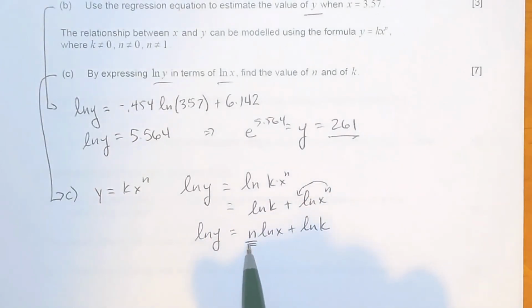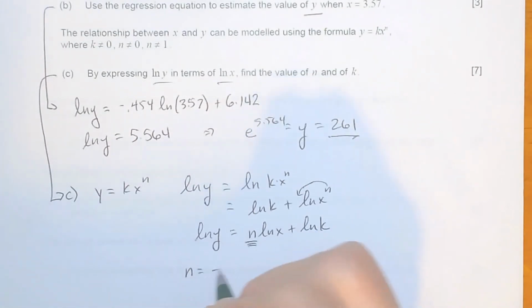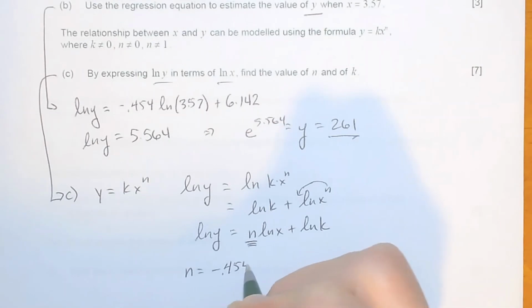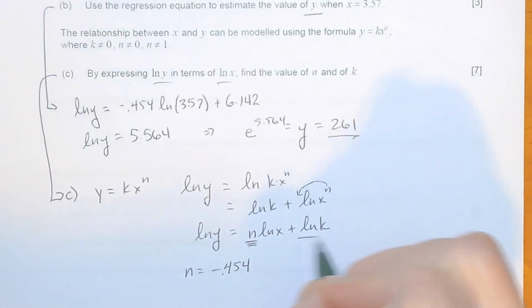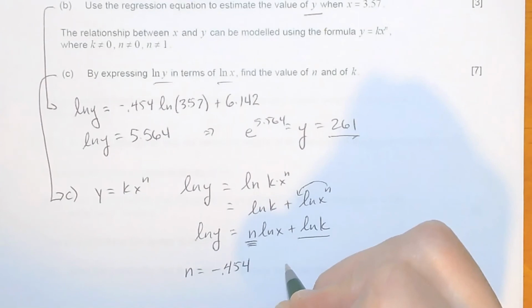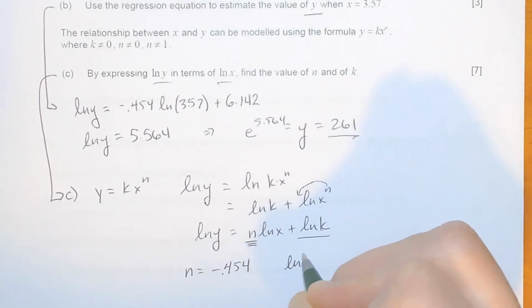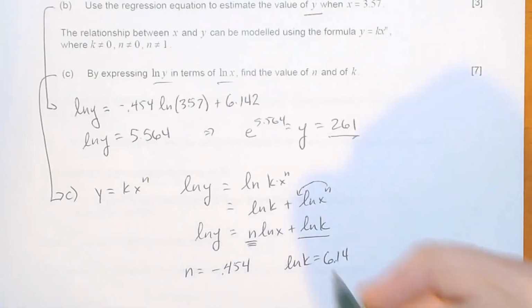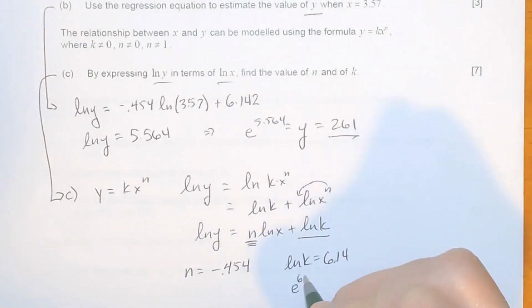In this case, it's n, but that means n is just equal to negative 0.454. And then this is my b value, so the natural log of k is equal to 6.14. I will rewrite that as e to the 6.14 is equal to k.